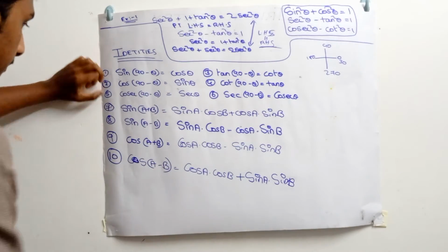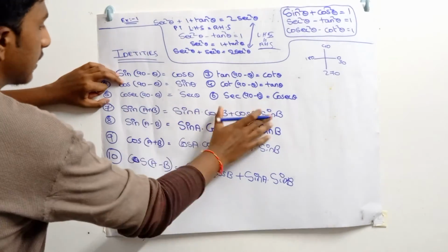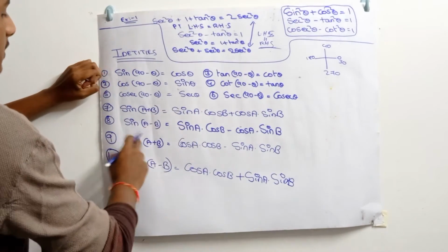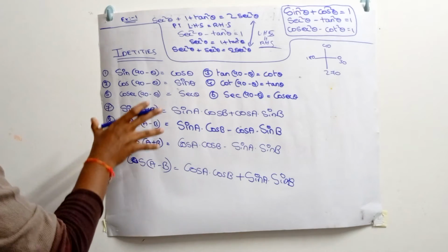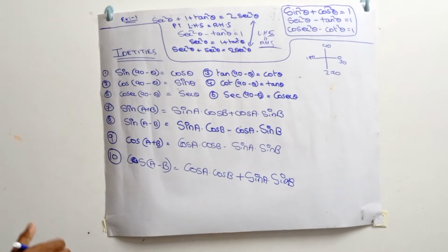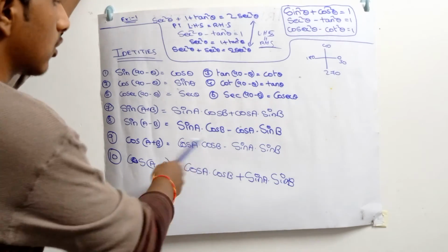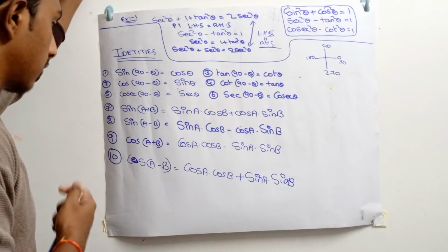These are complete formulas: sin A plus B, sin A minus B, cos A plus B, cos A minus B. You have to learn these formulas, and the proofs are not that important while doing competitive exams.